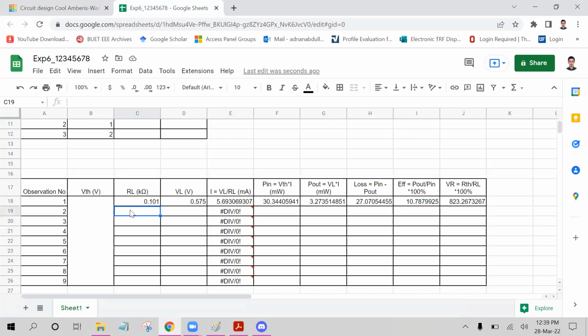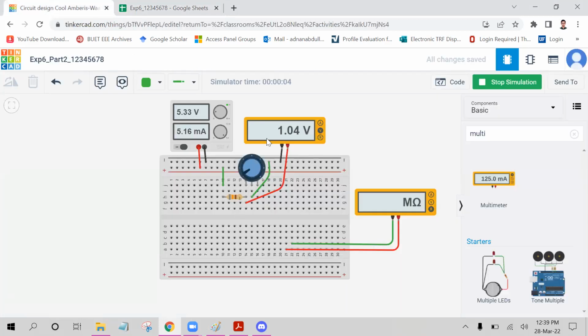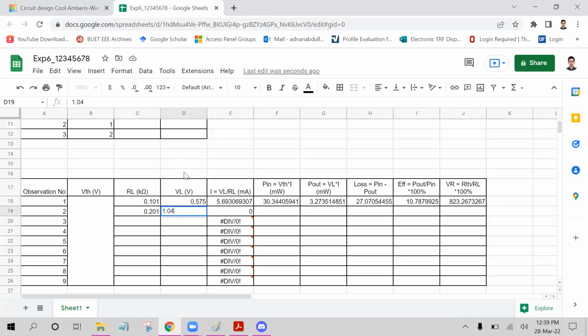RL is 201 ohm or 0.201 kilo ohm, and for that load the VL is 1.04 volt. Okay. Now, if you have written all the formulas correctly, you do not need to write them each time. What you can do is put your cursor on the bottom right corner of this cell and drag it down up to here.